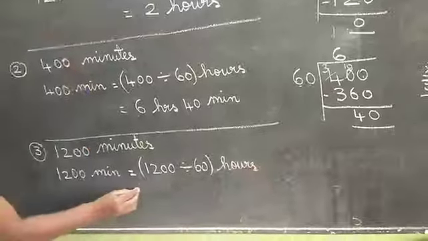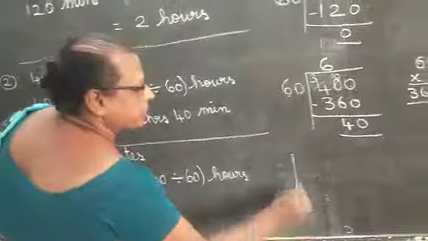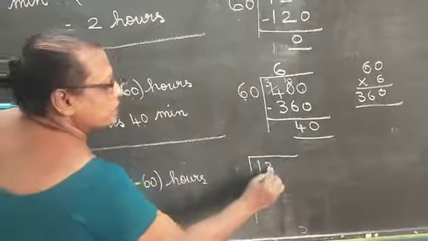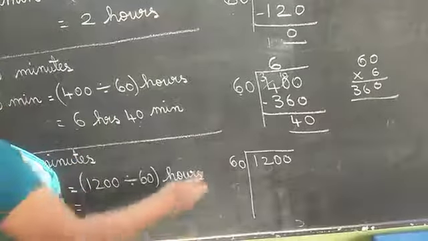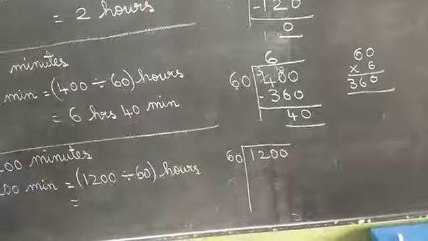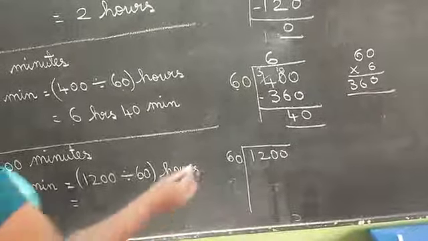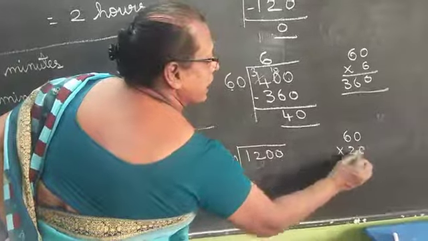So when you divide 1200 divided by 60, what will come, children? 6 twos are 120, isn't it, children? 6 twos are 120 will come. So what you can write? See, so 60 into 20 you can write, so that the answer will come.